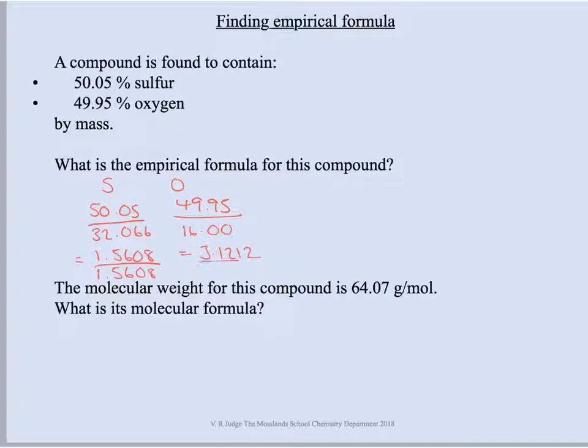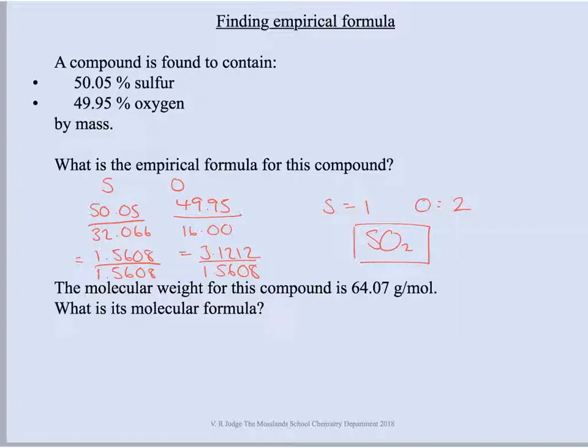We divide that one also by 1.5608, and our answers are, for sulfur we get an answer of 1, obviously because we've divided one number by itself, and for oxygen we get 2, so the ratio is 1 to 2. So our empirical formula is 1 lot of sulfur and 2 lots of oxygen. That is the empirical formula.